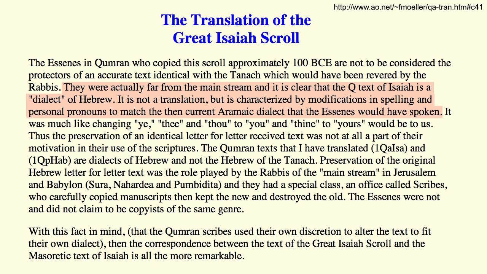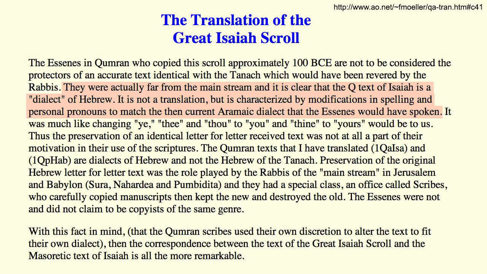They were actually far from the mainstream, and it is clear that the Q text, the Qumran text of Isaiah, watch this, is a dialect of Hebrew. It is not a translation, but is characterized by modifications in spelling and personal pronouns to match the then current Aramaic dialect that the Essenes would have spoken.